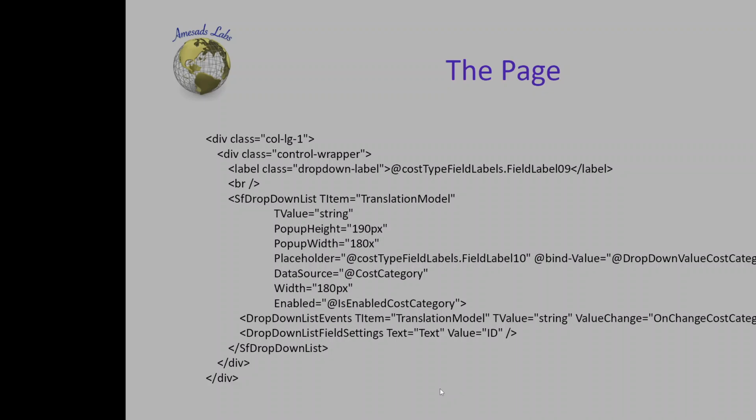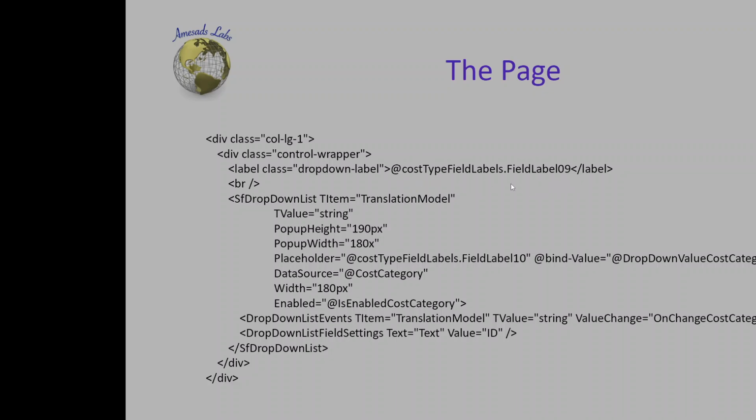And on the page it looks like this. This is the definition of a drop-down list. And there's no difference between a multi-language and a single language drop-down list. You have your divs, you have a label on top of it, and here we have language-related labels.